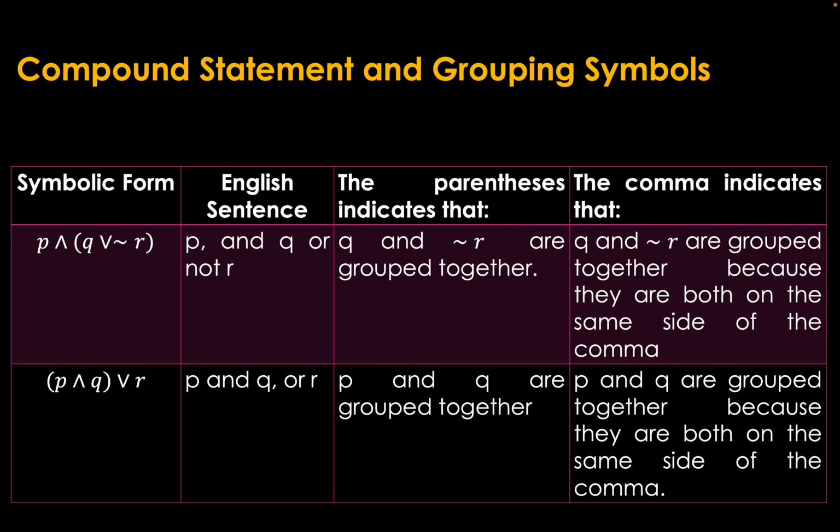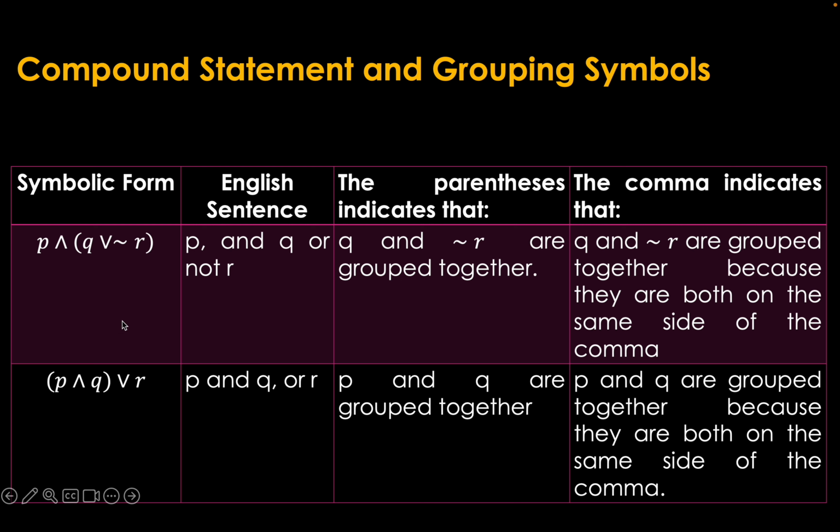So in compound statements and grouping symbols, let's have a recall. How can we group the compound statement? For example, we have the symbolic form P and Q or not R. The English statement is P, and Q or not R. The comma indicates that Q and not R are grouped together because they are both on the same side of the comma.